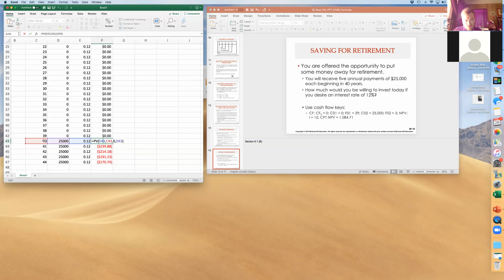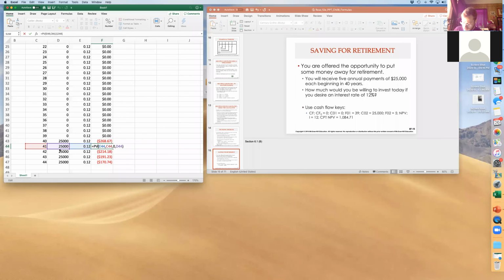And present value here means time period 0. And then we're using a discount rate of 12%. And you can see the second $25,000 cash flow is going to be brought back in time by 41 years with an interest rate of 12%. And the cash flow is, again, $25,000.